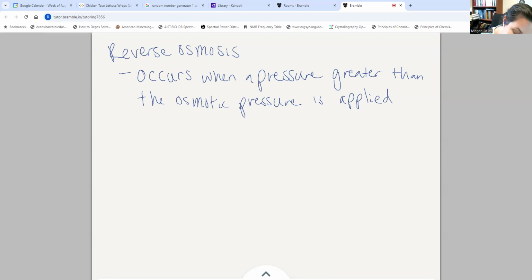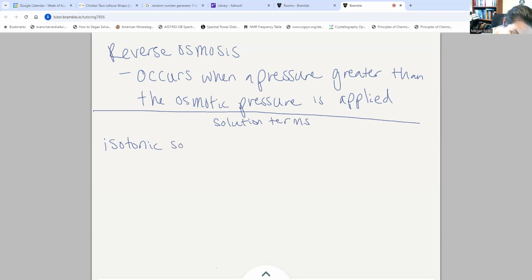So other terms that you should know: the term isotonic. So these are solution terms specifically. We have an isotonic solution.